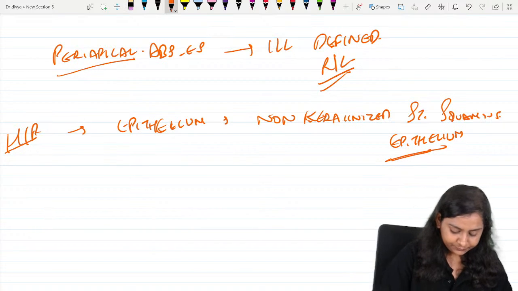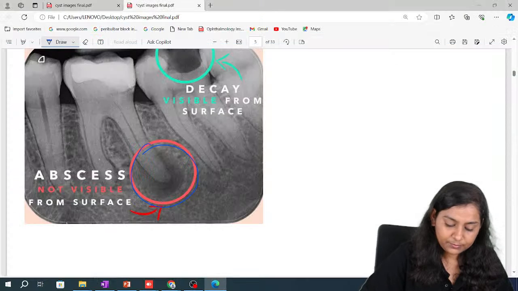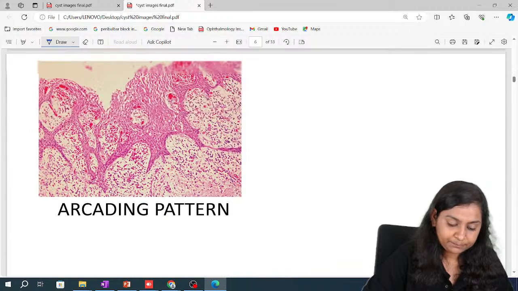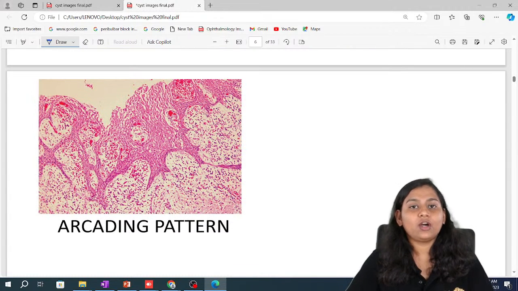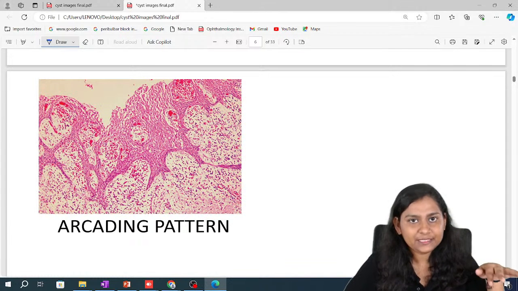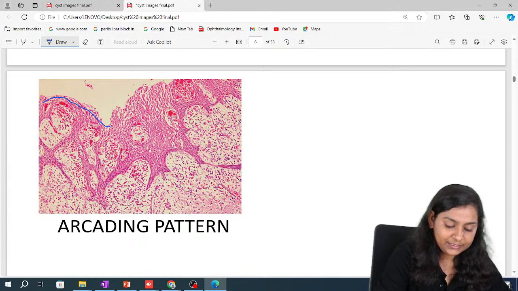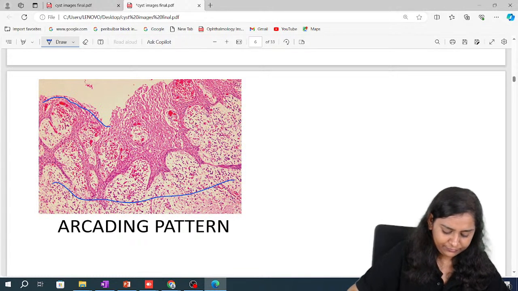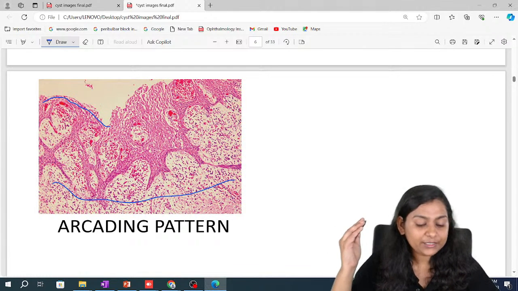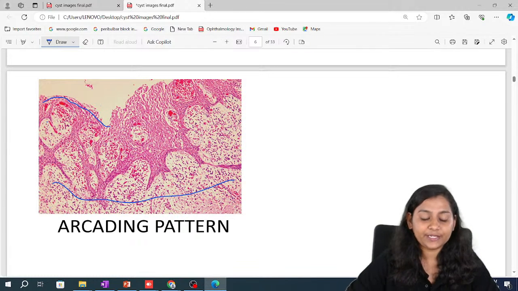Okay. Now the interface. Let me open the diagram. The epithelium is non-keratinized stratified squamous epithelium. As we discussed, there is a lumen, the epithelium and the connective tissue. Now see, this is the epithelium and this is the connective tissue. The interface between the epithelium and the connective tissue here is not straight.